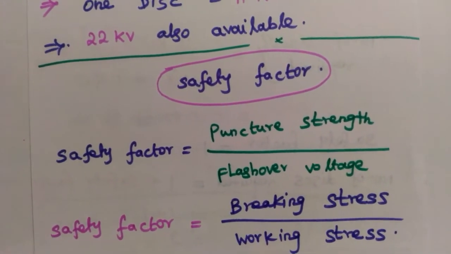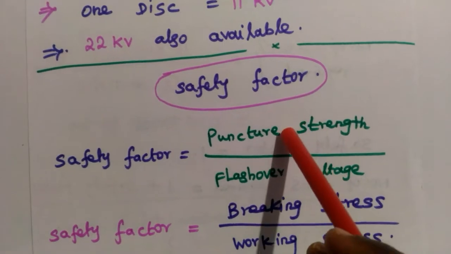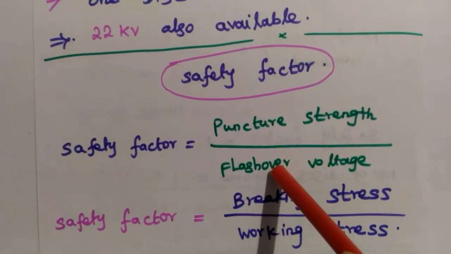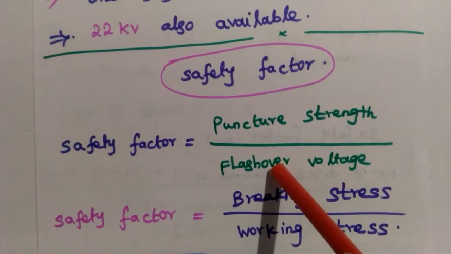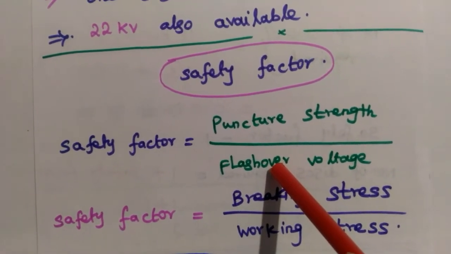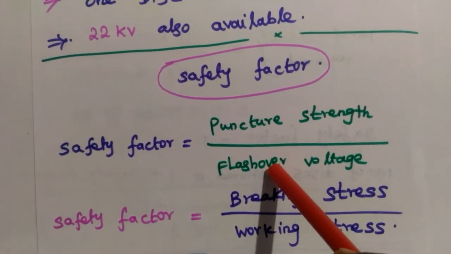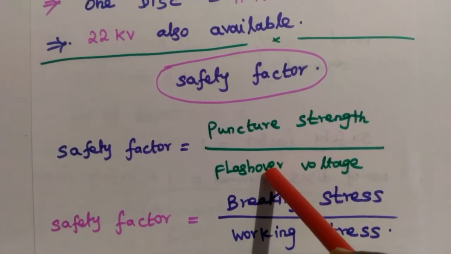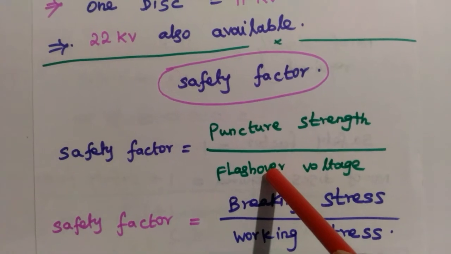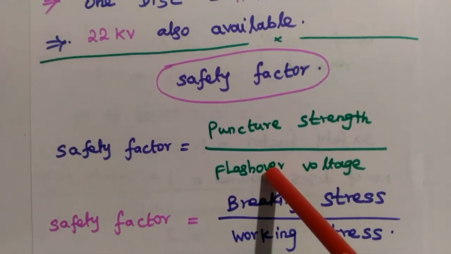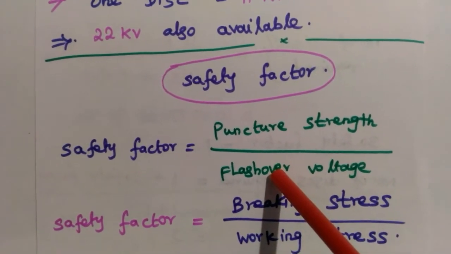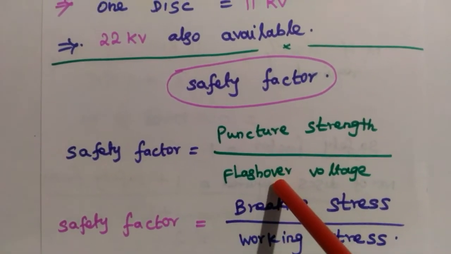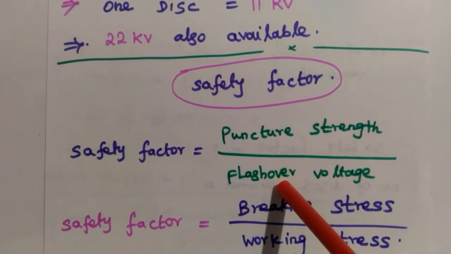What it means is that the safety factor should normally be more than 1, that is, greater than 1, or a high value. Why do we want to provide a high safety factor for the insulator? If there is any problem in that insulator, automatically a flash will occur in the insulator, which is called flashover voltage.